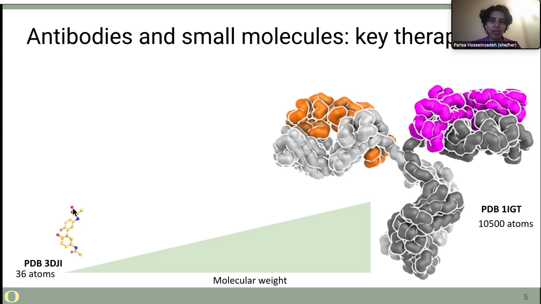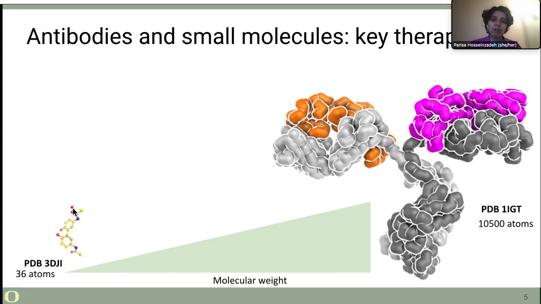Antibodies, on the other hand, like this IgG2A monoclonal antibody, are very well studied. They have very good selectivity targeting molecules. But unfortunately, they're not permeable.